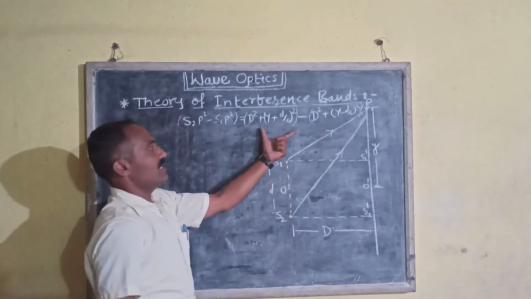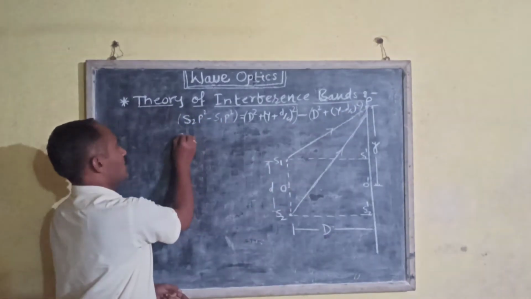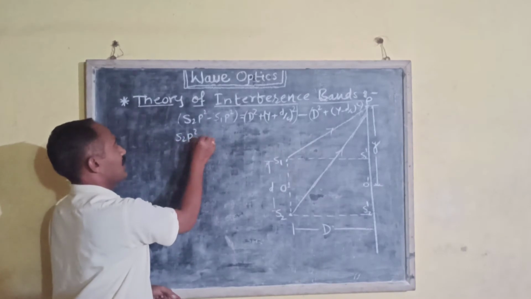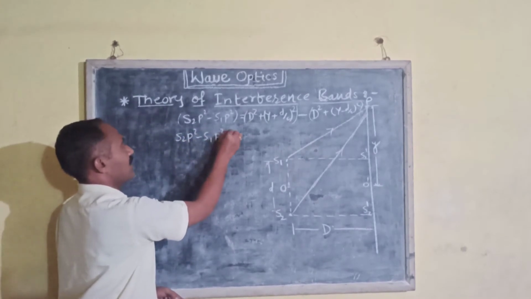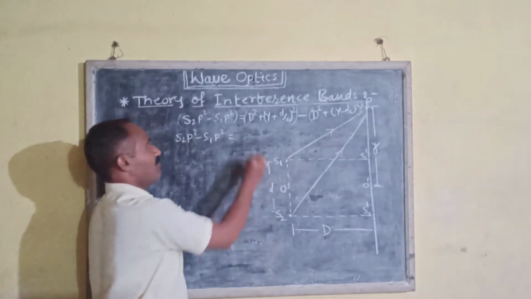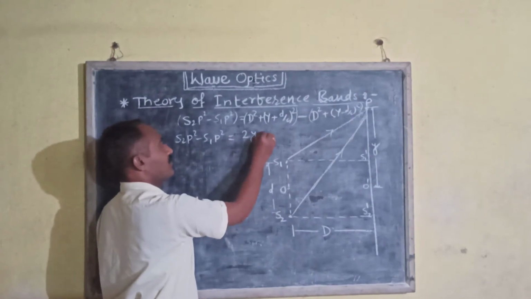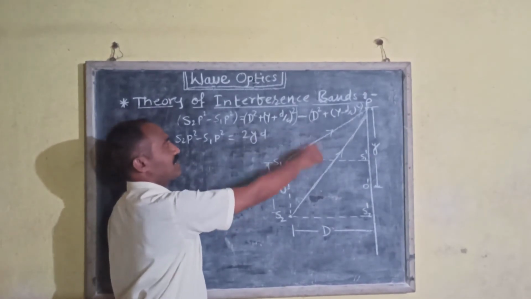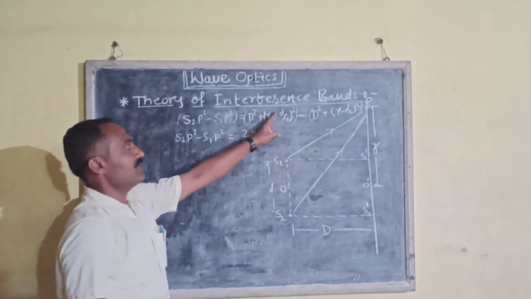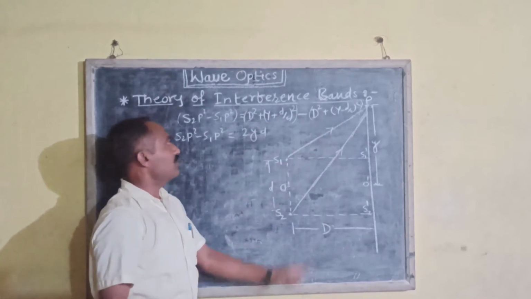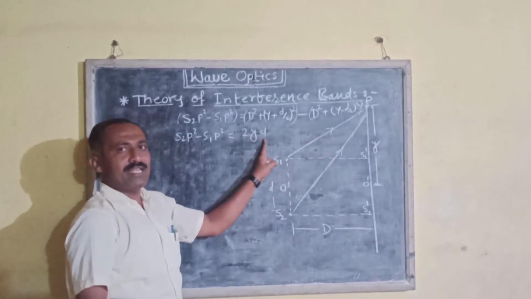If we solve this equation, we get S2P square minus S1P square is equal to twice yd. That is, D square minus D square cancel, and plus d by 2 and minus d by 2, twice, we get twice yd.